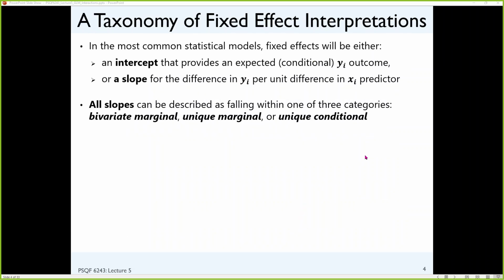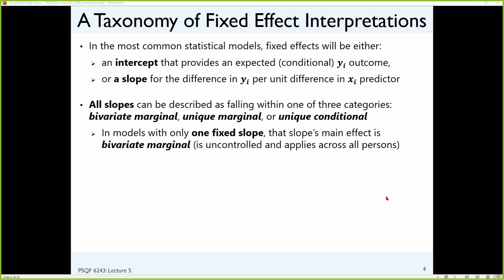So here's the terminology. In most models, fixed effects are either going to be an intercept or a slope. An intercept gives you the expected outcome when your predictors are 0. A slope tells you what the difference is in the outcome for a 1-unit difference in each predictor. Slopes then now can be called 3 different things in terms of how you think about them. And the labels I'm using for this are bivariate marginal, that's one idea, unique marginal, the second idea, and unique conditional.